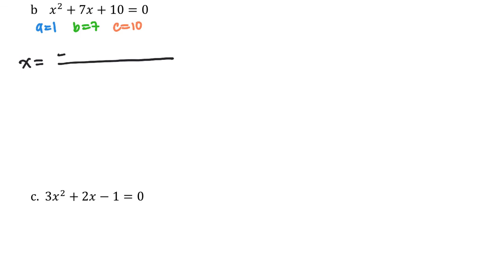B is 7, so negative 7, plus and minus the square root of b squared. B is 7, so 7 squared, minus 4 times a times c, all over 2a.